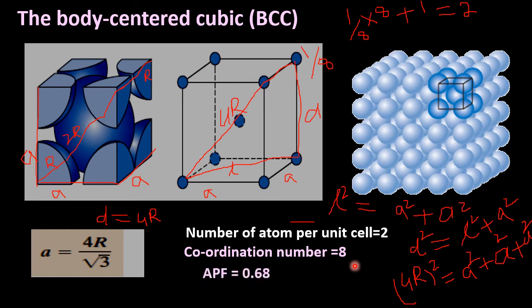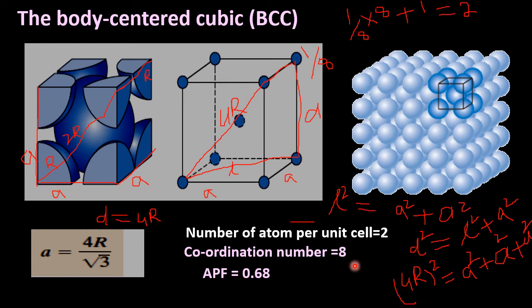So the atomic packing factor for this cubic crystal structure is 0.68. We can calculate the atomic packing factor for body centered cubic crystal structure in the same way as we calculated for FCC crystal structure, that is, dividing the volume of atoms in the unit cell by the unit cell volume.